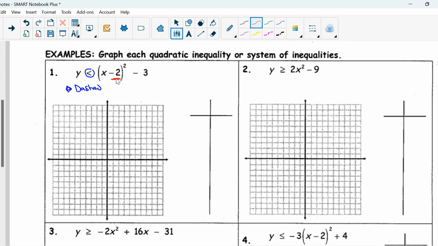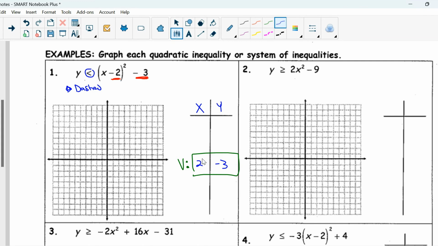Remember, you take the opposite of the value inside the parenthesis as your x value, and then you take exactly what it says as your y value outside of your parentheses. So right away here, our vertex is going to be +2, -3. That acts as our vertex, our x values and our y values here.